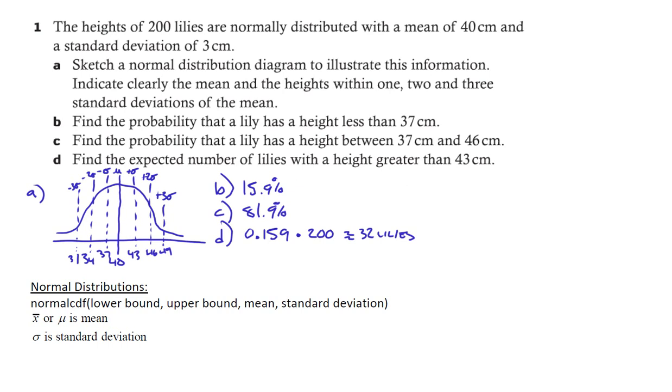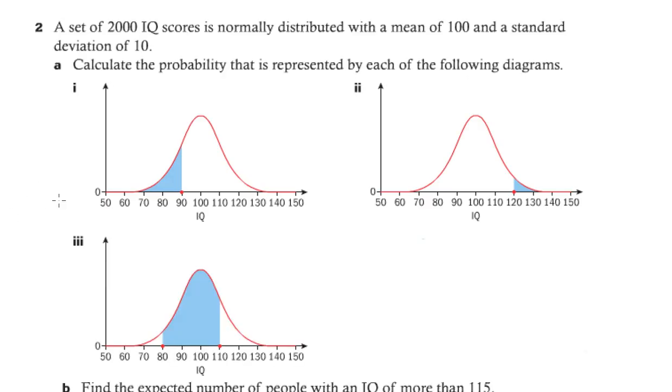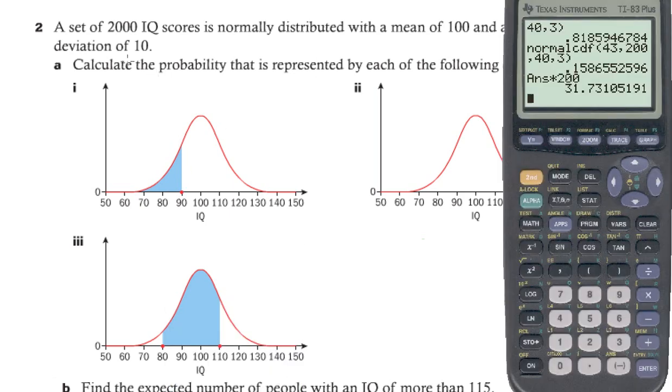Okay, all right. Moving on to number 2. A set of 200 IQ scores is normally distributed with a mean of 100, standard deviation of 10. Calculate the probability that is represented by each of the following diagrams. So it's really pretty much what we just did on the first one, except now they're giving us pictures instead of the actual numbers. So this one here, we're going to calculate.